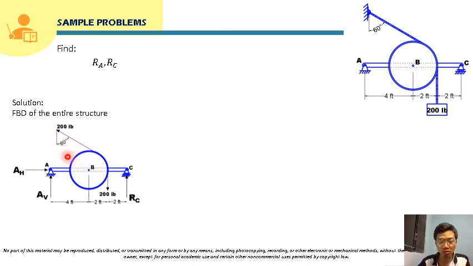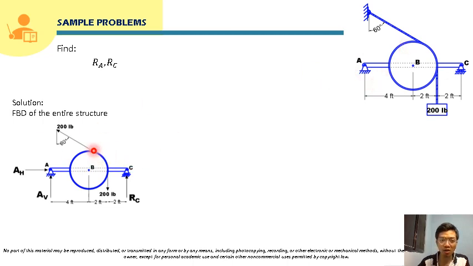And also if we resolve our 200-pound force into its horizontal or vertical component, let's say we put the horizontal or vertical component here, from the figure there is no given dimension for the distance from this point to point A. So there's no distance. So it will be difficult.